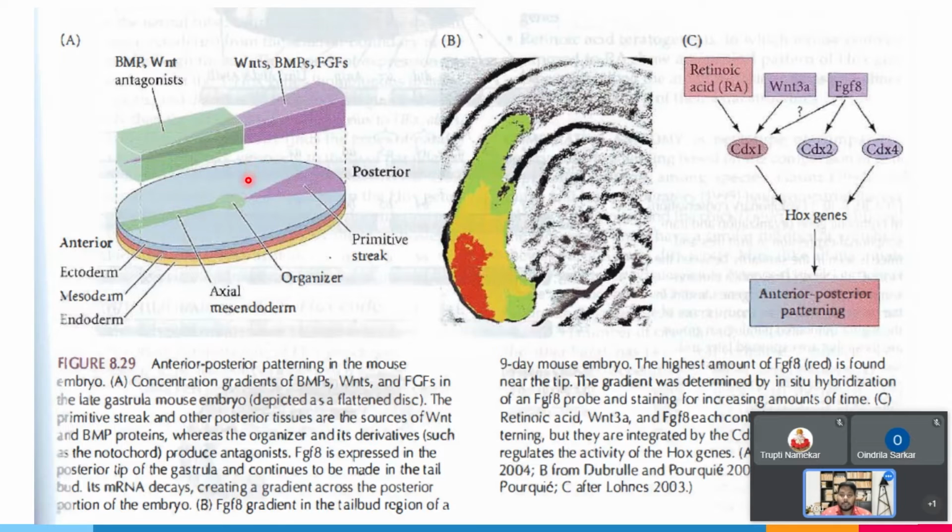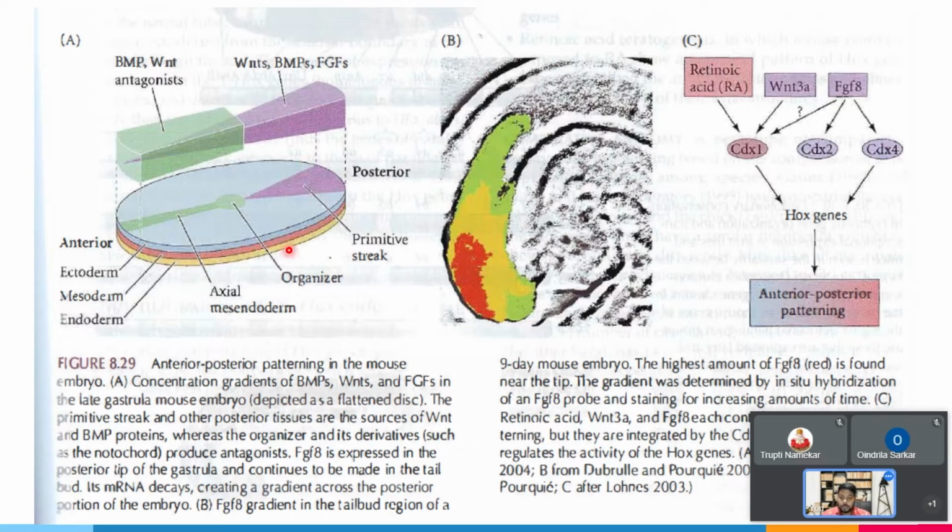As we can see right here, in the posterior sections of the organizer, Wnts, BMPs, and FGF signaling are active, and in the anterior they are all inhibited via BMP and Wnt antagonists, and hence an asymmetry develops, and this is how the entire anterior posterior patterning occurs.